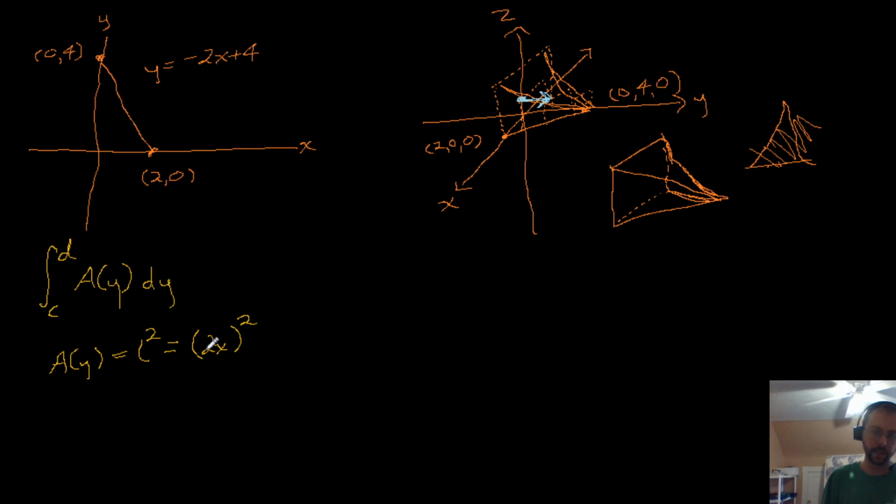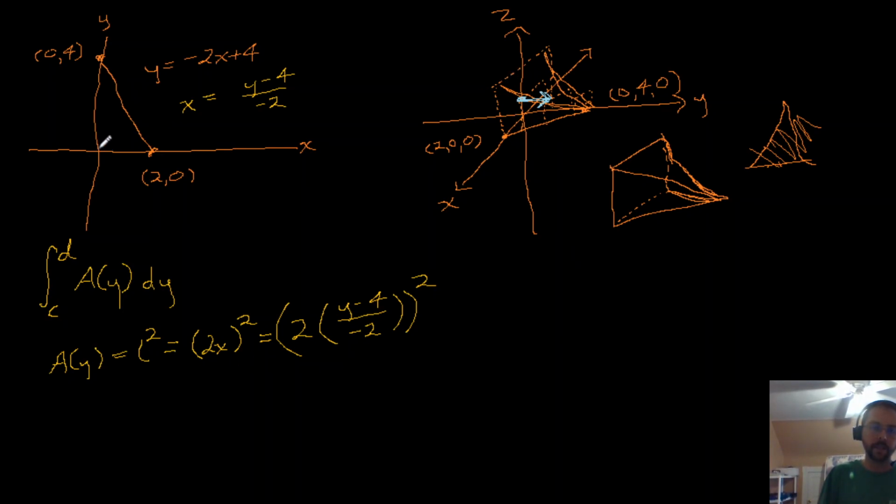So now this actually tells us the area with respect to x, and to get this to the area with respect to y, x equals y minus 4 divided by negative 2. So we're going to have 2 times y minus 4 divided by negative 2, squared. So this whole thing is the area with respect to y.